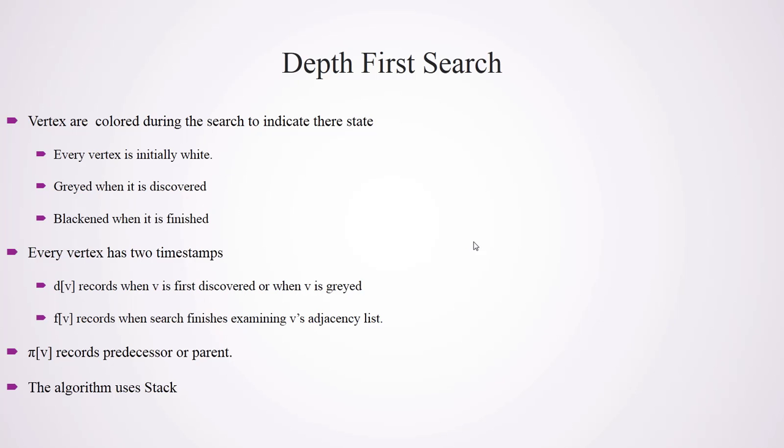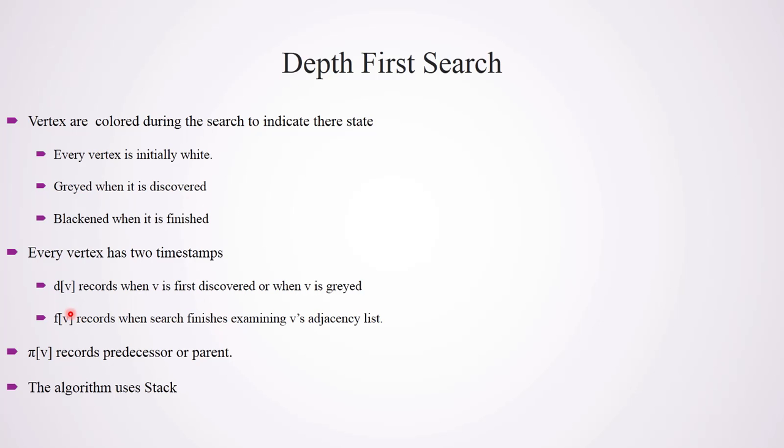As already discussed, the output of depth first search is actually a forest or a tree. So here pi of v will contain the predecessor or parent, d of v contains the time at which the vertex is visited, and f of v contains the time when the search of v's adjacency list finishes.